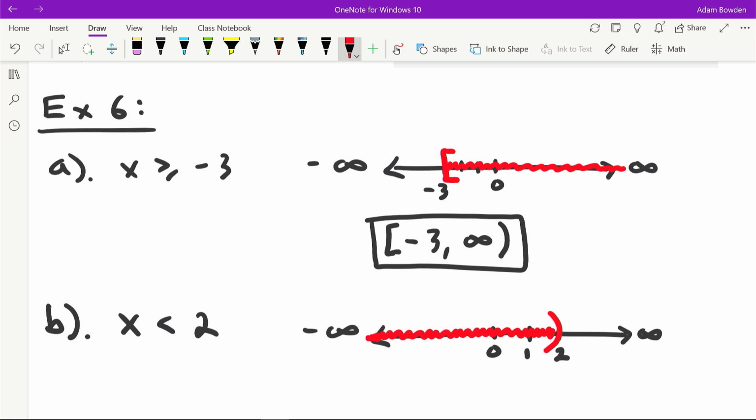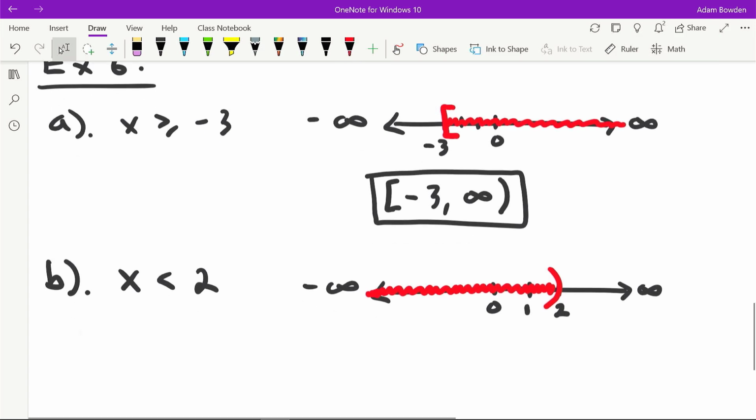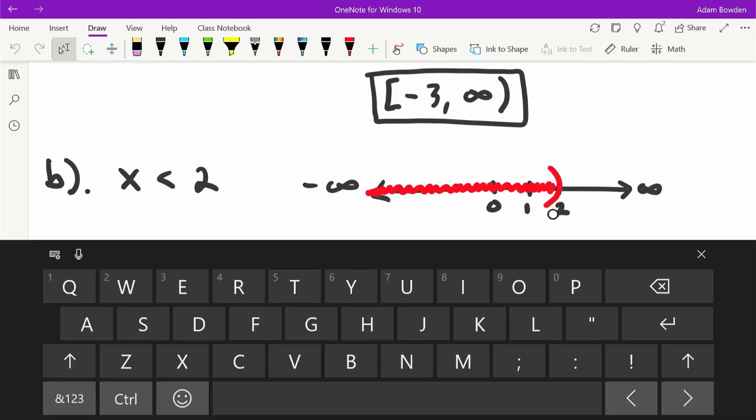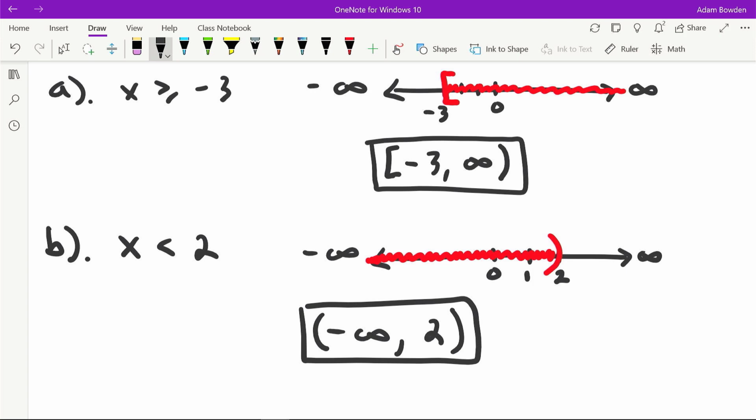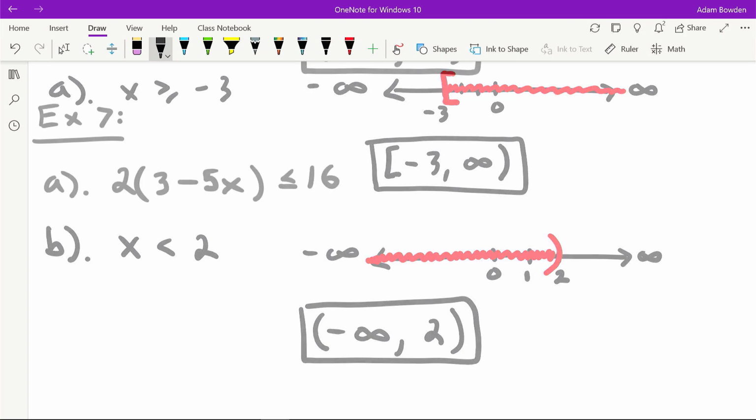Now I'm using a parenthesis again because I'm not using the equal to with the less than, it's just less than. So what we're going to be able to do then is write this in interval notation as parenthesis, -infinity, comma, 2, and then close that up with a parenthesis. That's the interval notation way of writing what we see on the number line.